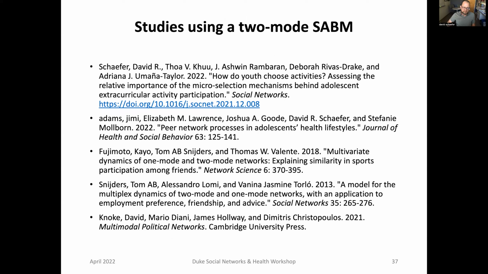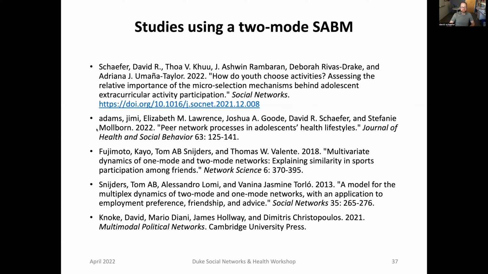All right, here are a few studies. I do want to say briefly, the first one really tries to identify the classes of mechanisms that are important in modeling two-mode networks, and tries to provide a topology to help organize and think about those. It models strictly a two-mode network. Many of the other papers shown here model two-mode and one-mode networks, and in the case of the latter, actually multimodal networks.